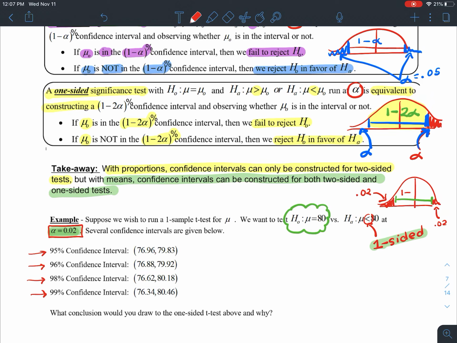So essentially the confidence interval would be represented by 1 minus 2 alpha. Well, if I were to do 1 minus 2 times 0.02, that would leave me with 0.96, or a 96% confidence interval, would be the same thing as having done a one-sided sig test. Okay, so that's the one that would be most representative of this sig test that's defined here.